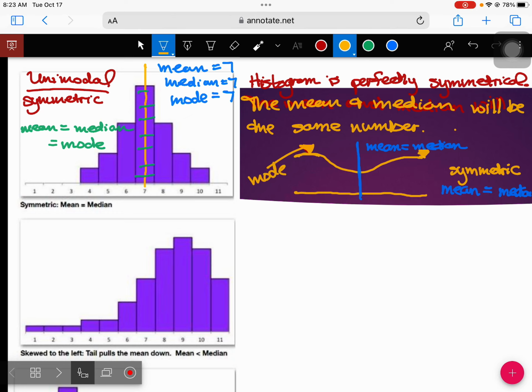Here's a mode, here's a mode. So we would say this graph is bimodal. Bimodal. Okay? What questions do you have about that first one?